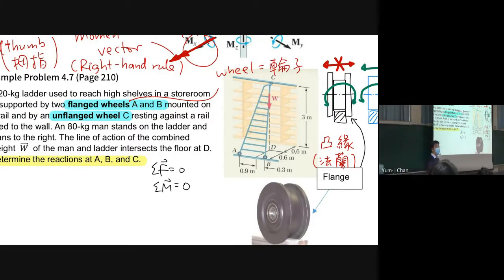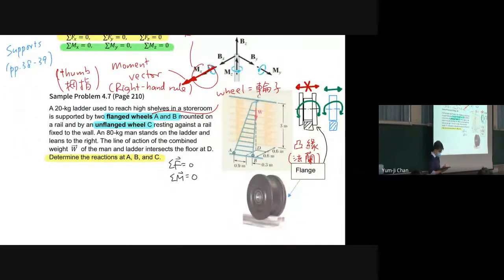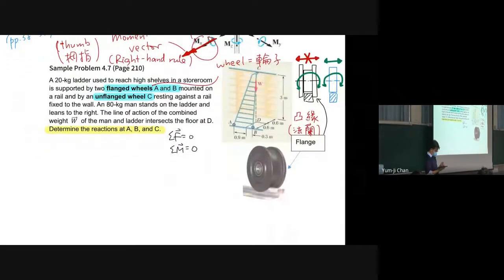So what do we need to do before the mathematics? Draw the free-body diagram, okay? Now let's draw the free-body diagram.